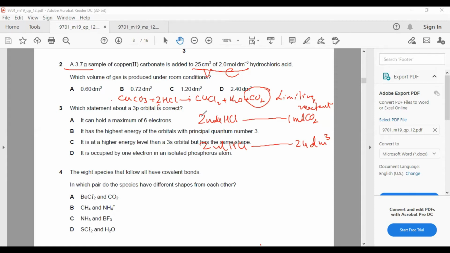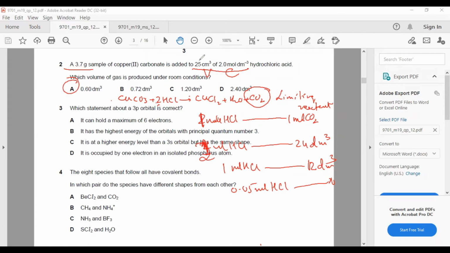So we can simplify: 1 mole HCl gives 12 dm cube. So 0.05 mole HCl, how many dm cube? That will be 6 dm cube.